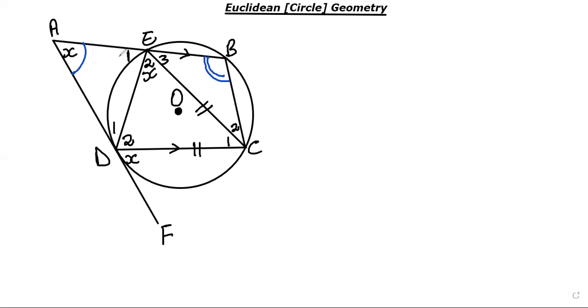So since we know the size of angle A, which is X, we can just determine the size of angle B. How can we find the size of angle B? Well, we said this is a cyclic quadrilateral. And we know that opposite angles of a cyclic quad are supplementary. In other words, if I take D2, I add it to angle B, I'm just going to get 180 degrees.